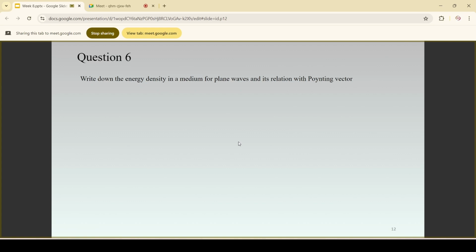So our next question is, write down the energy density in a media for plane waves and its relation with the Poynting vector. So we have to write down the energy in a media, and then we have to write the relation with the Poynting vector.